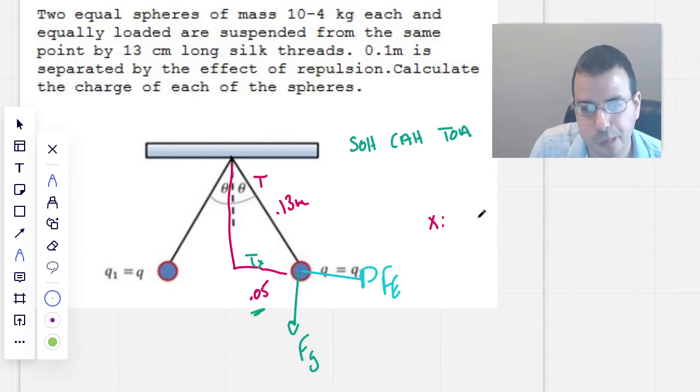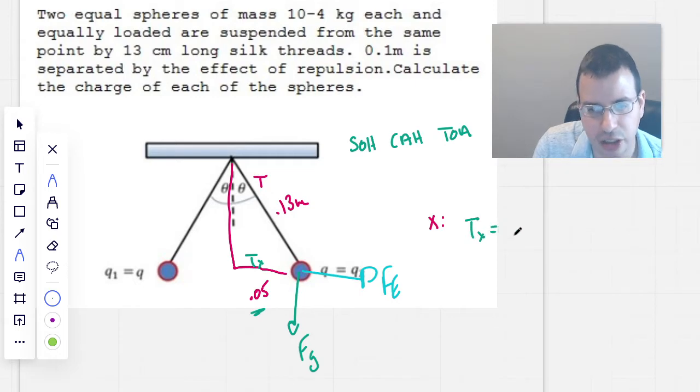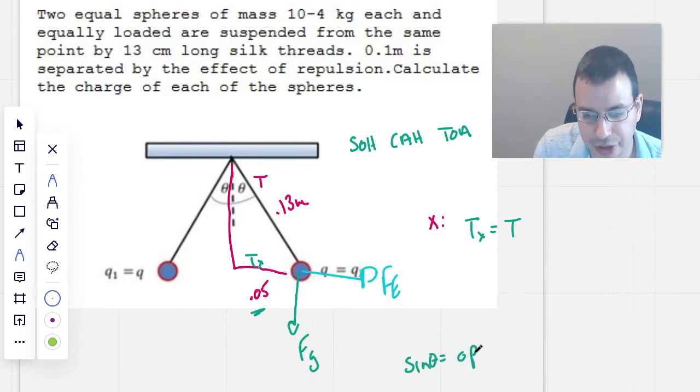So tension x is tension times sine of theta, since sine of theta equals opposite over hypotenuse.